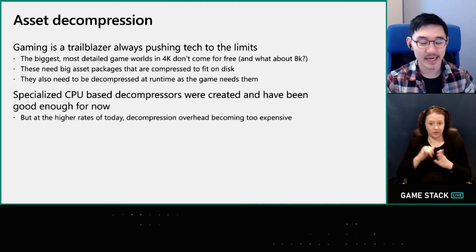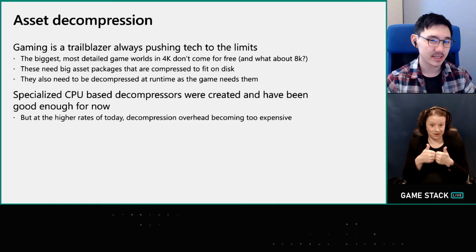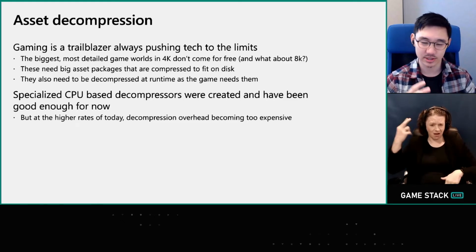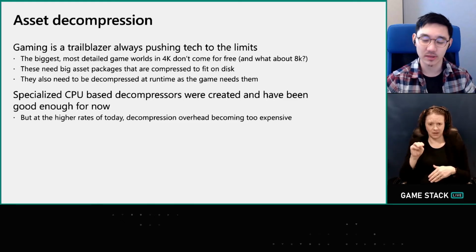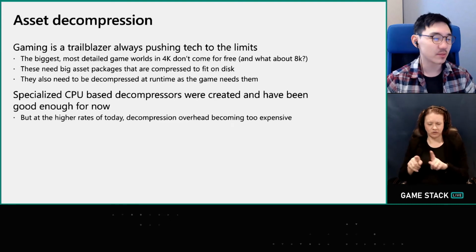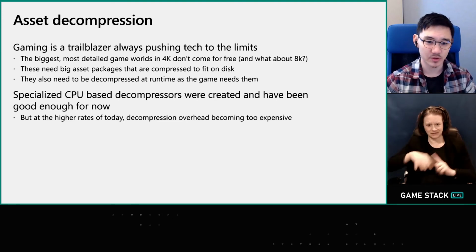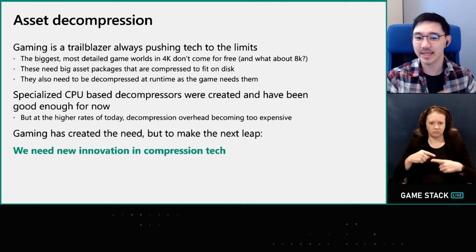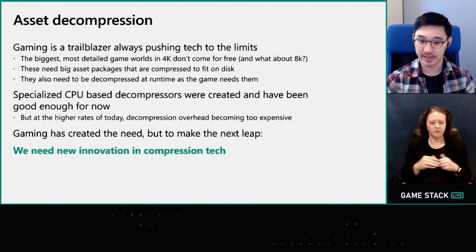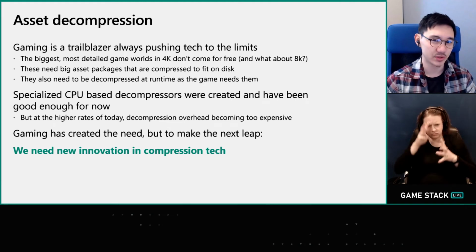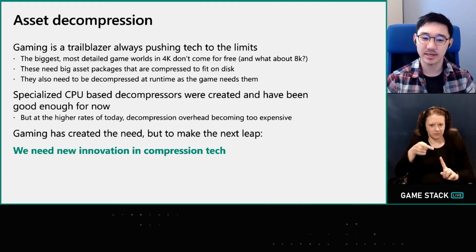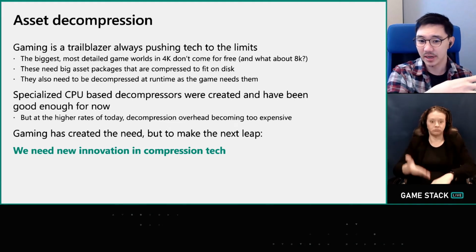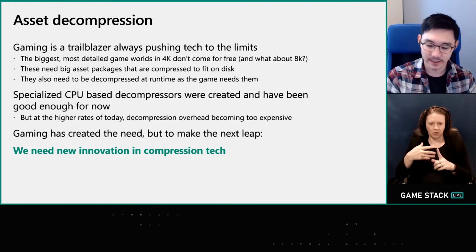But at the very high rates of today's NVMe drives and the system overall, like PCI Express, decompression overhead is getting really, really expensive to maximize the potential of that hardware. And so gaming has created the need for us to innovate in that space, but we really do need to make another leap. We need new innovation specifically in compression and decompression technologies.